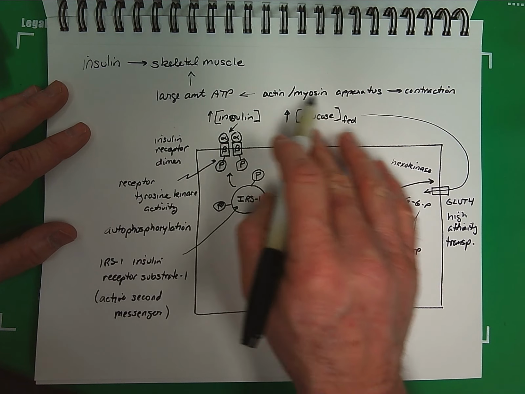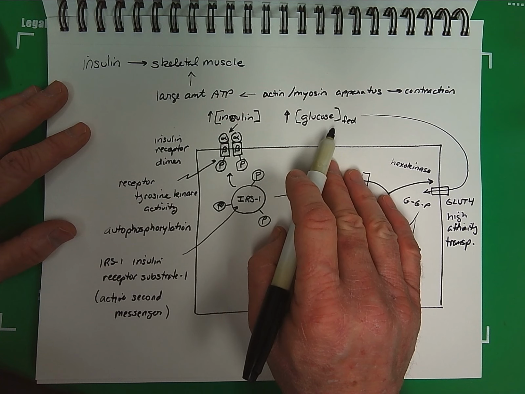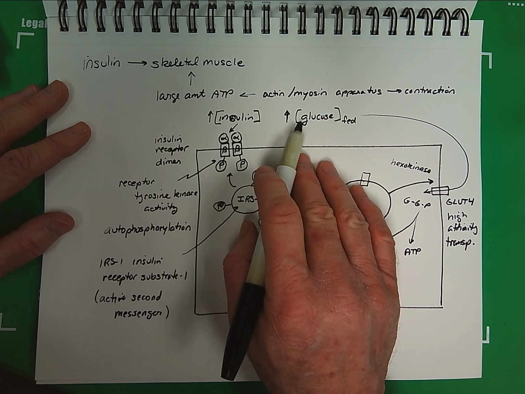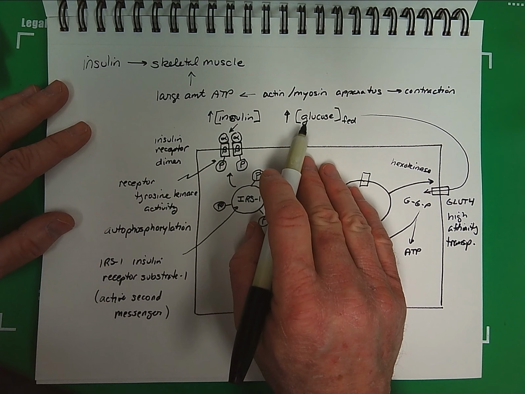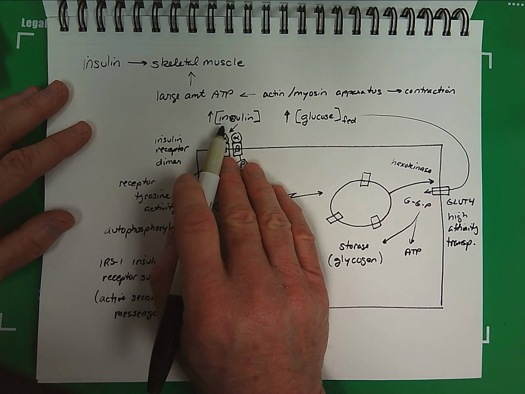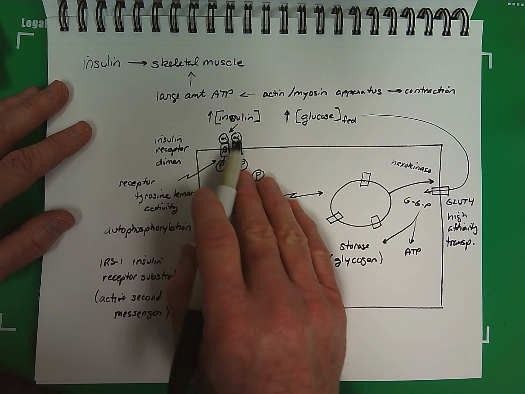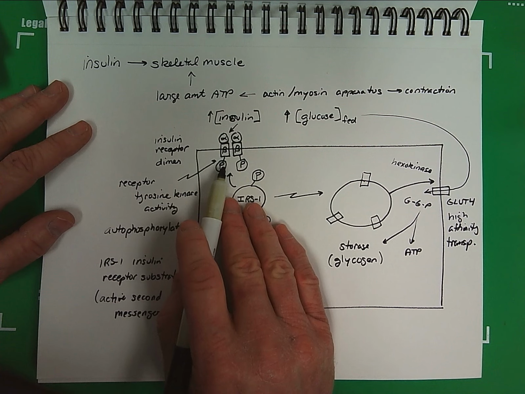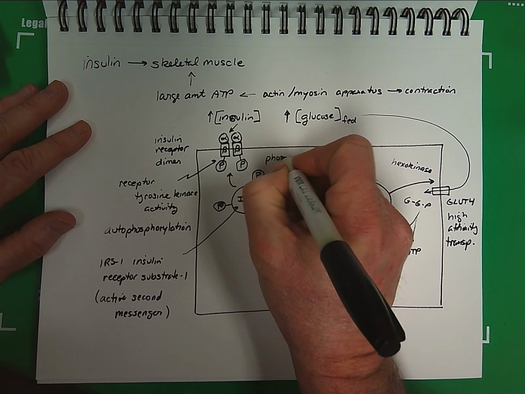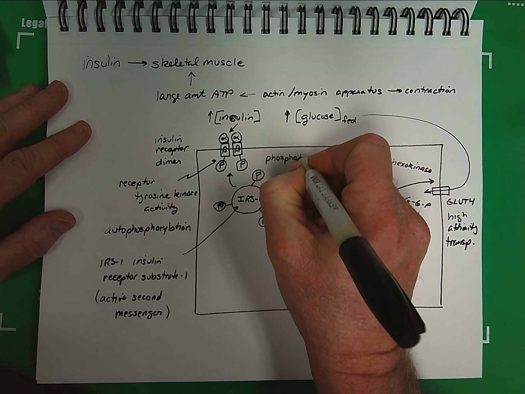Now, when glucose levels begin to decline after our fed state, entering our fasting state, the amount of insulin being secreted by the beta cells, of course, decreases, and that means less insulin binding to the receptor, and the receptor now becomes dephosphorylated by a class of enzymes called phosphatases.